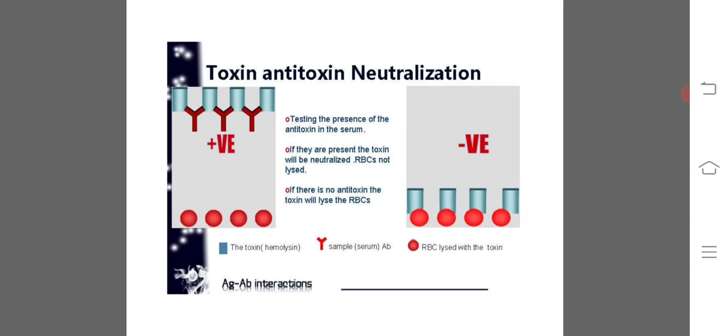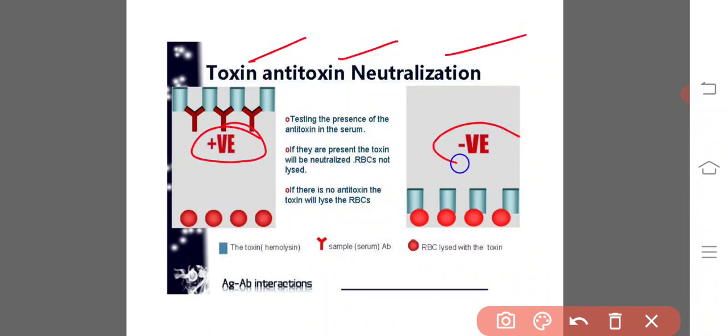Here we are observing the toxin and antitoxin neutralization. Here it is a positive test and here it is a negative test. Here we are observing the toxin, that is hemolysin, and serum which contains the antibody, and RBC lysed with the toxin.